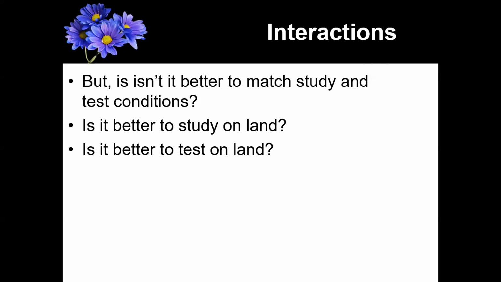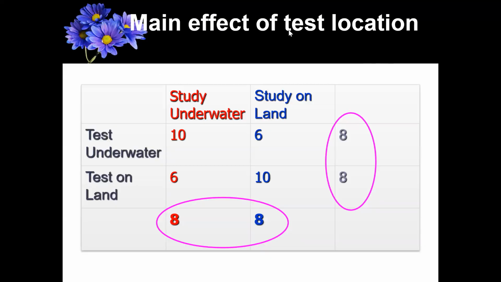So here's what that actually looks like. Let's put some actual numbers here. Say people got an average of 10 when they study underwater and test underwater, 6 when they study on land and test underwater, 6 when they study underwater and test on land, and then 10 when they study on land and test on land, which aren't the exact numbers, but that is actually what's been found.